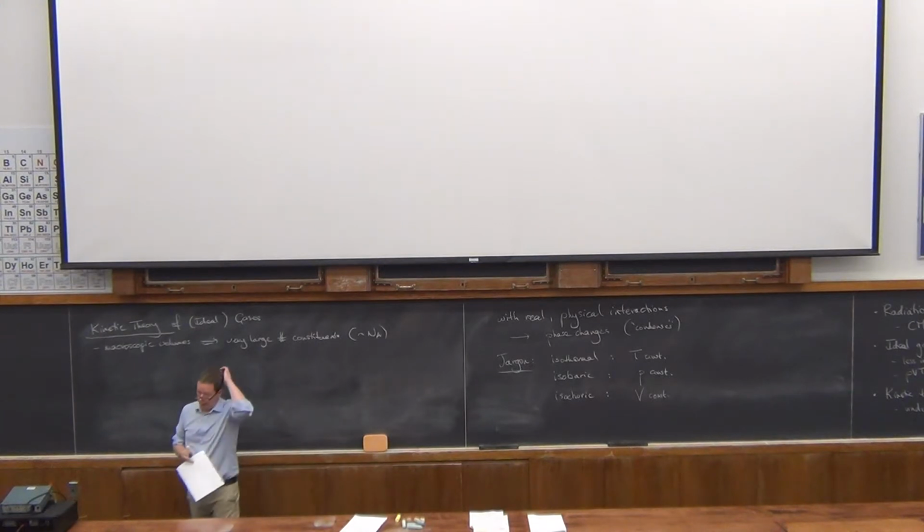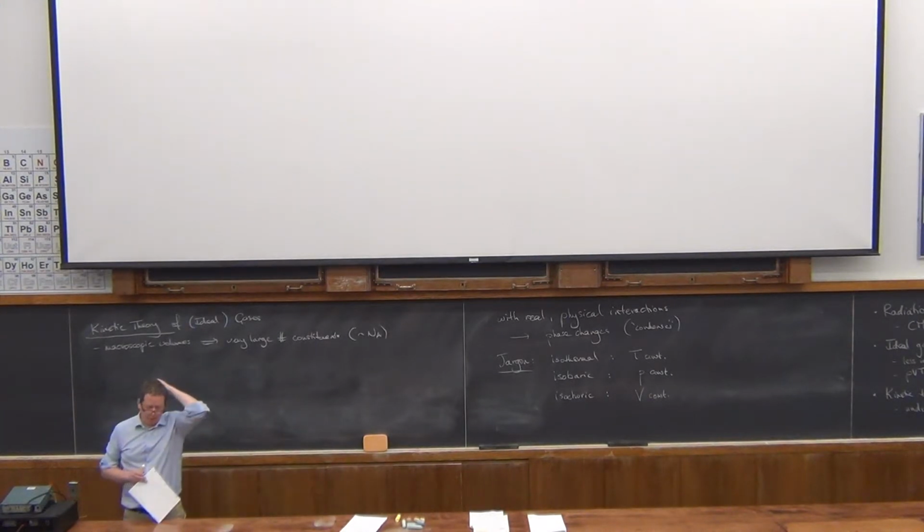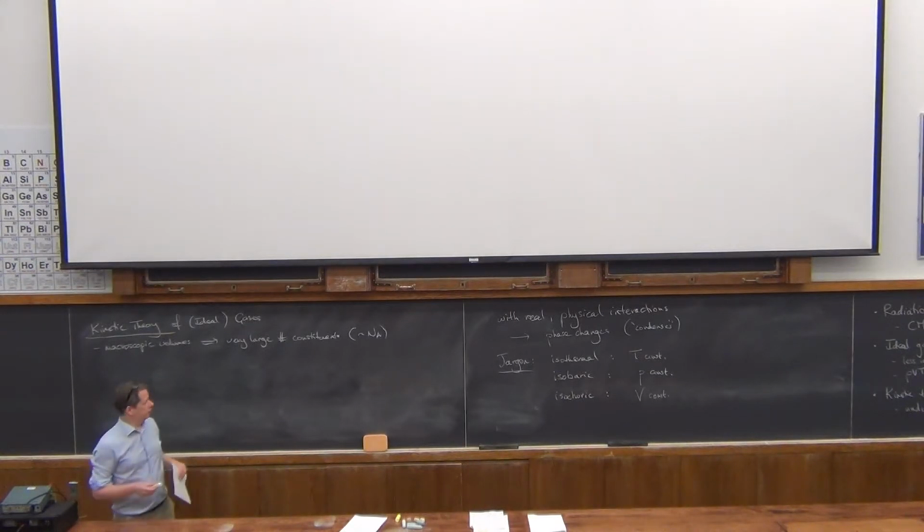If you take a gas at standard temperature and pressure, so maybe I construct a liter volume of air in this room, it contains of order Avogadro's number of constituents. So we're talking about very large numbers.